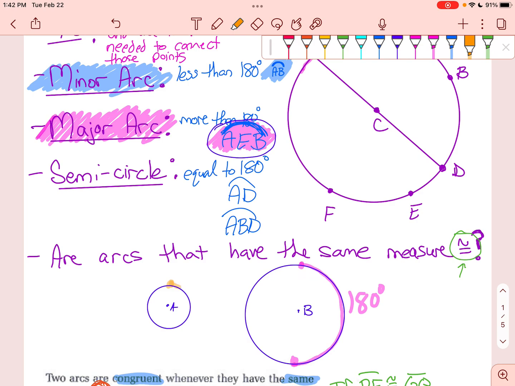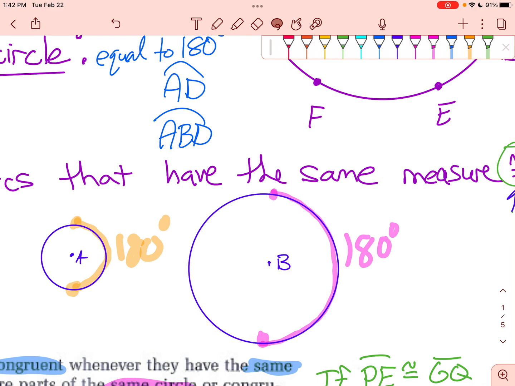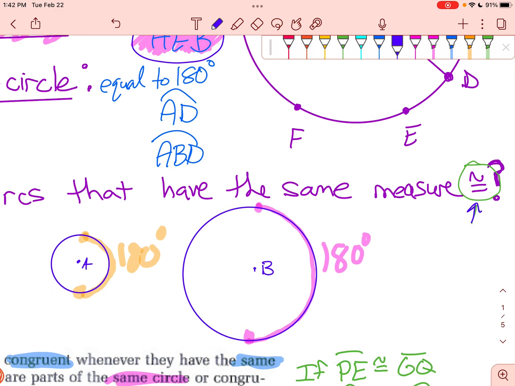I'm also going to do the same thing over in circle A. So this is also a 180 degree arc. Would I say that these 2 arcs are congruent to each other? Does it look like I could actually cut this orange one off and fit it on top of the pink one? No. Just because they have the same measure does not mean they are congruent to each other.